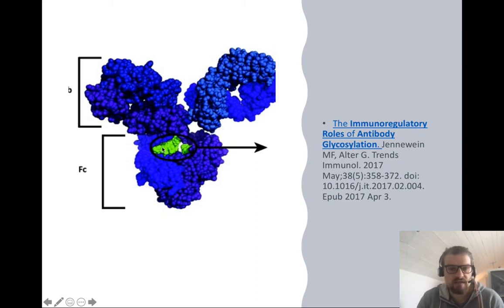But the glycosylation pattern here within this hinge region is essential for the function of the antibodies, especially in terms of their ability to recognize Fc receptors. So remember, the Fc region of your antibody is how it communicates with the rest of the immune system in terms of what receptors it binds to. And this glycosylation is really important for that. So for that reason, the hexosamine pathway is very important to allow this glycosylation to happen.